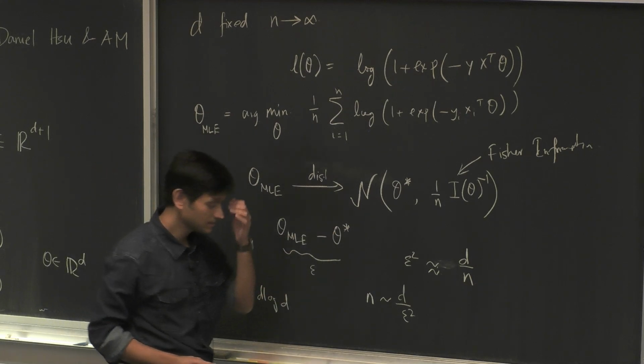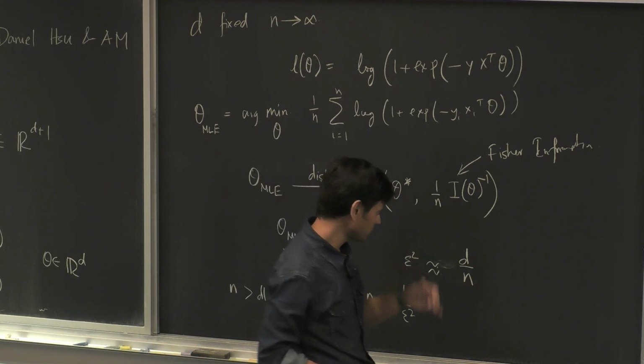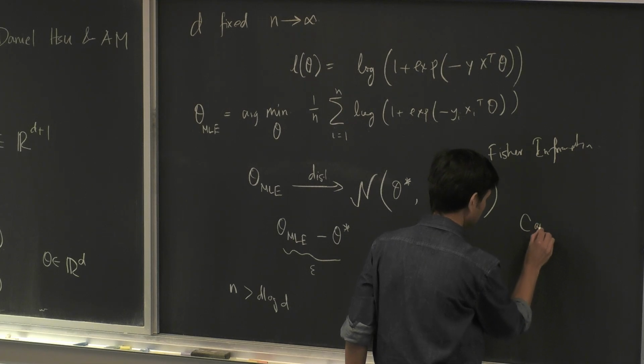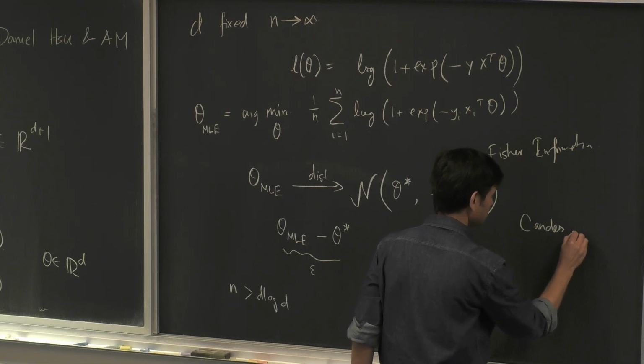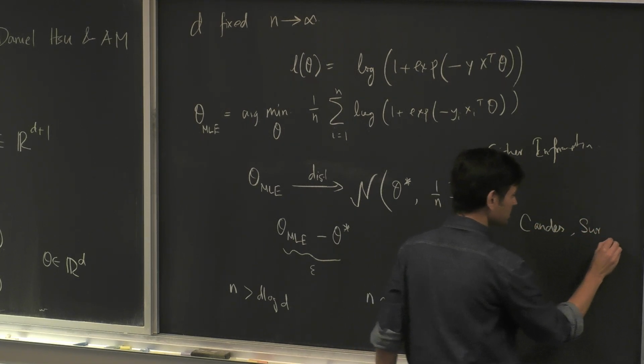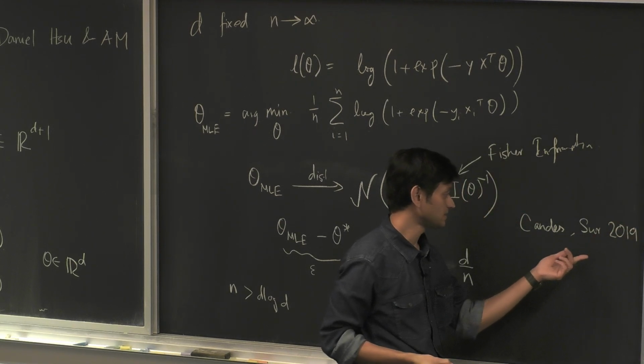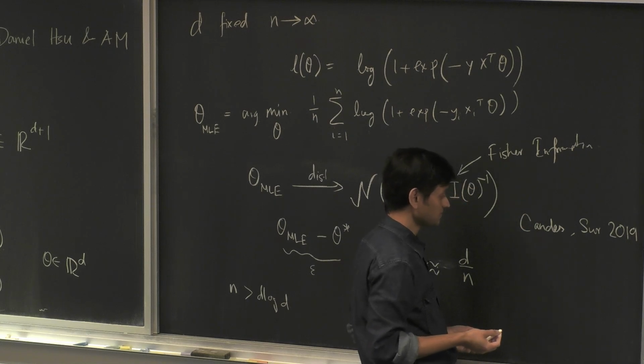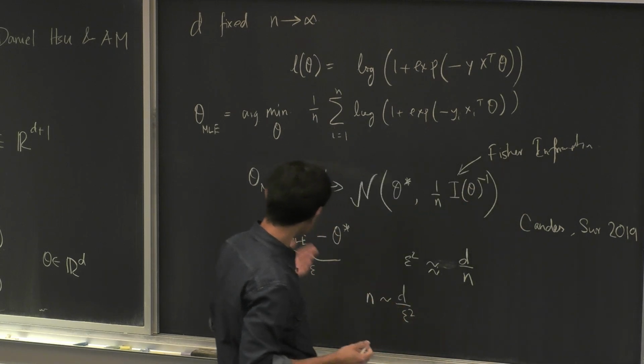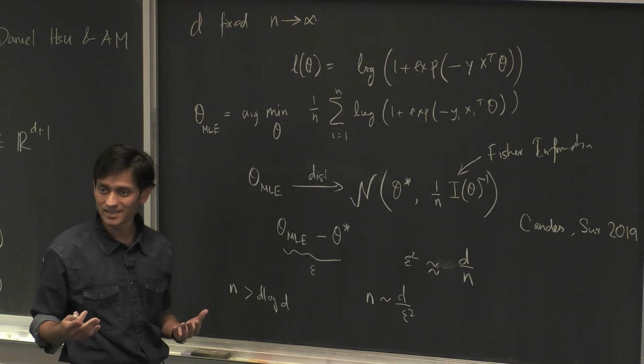There is a recent paper by Candes and Sur, I think 2018, 2019, perhaps on arXiv in 2018 and published in 2019. And they showed that it is actually more nuanced than this.